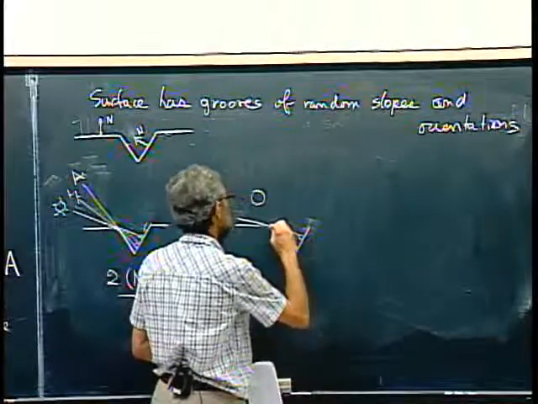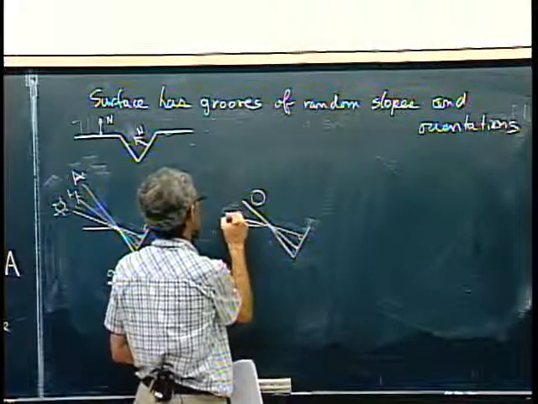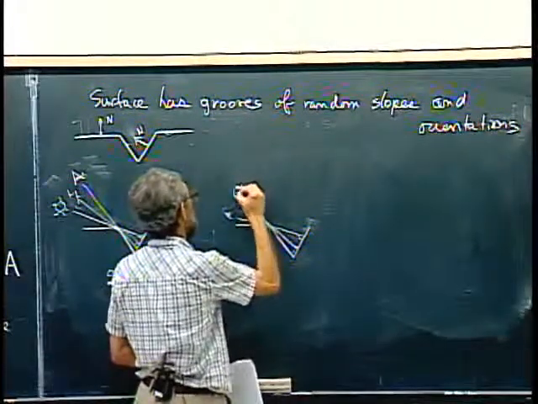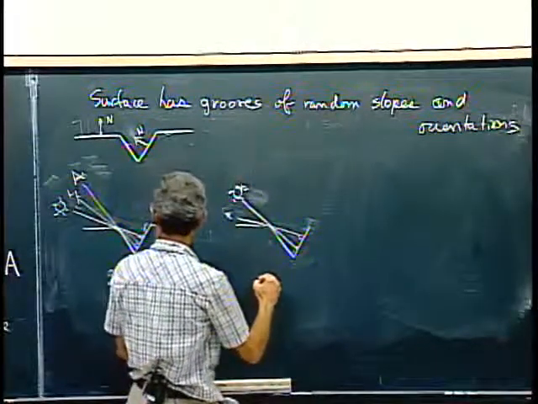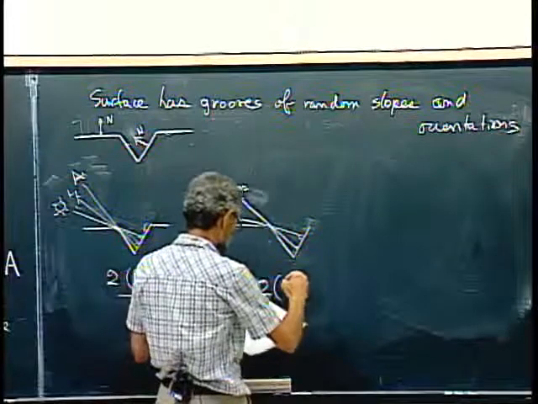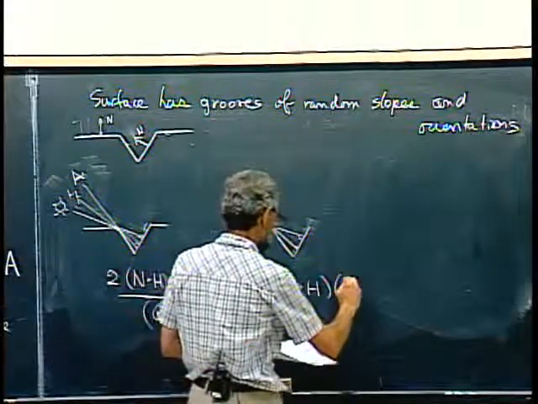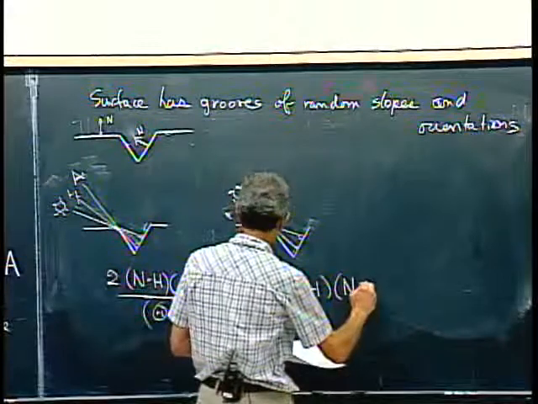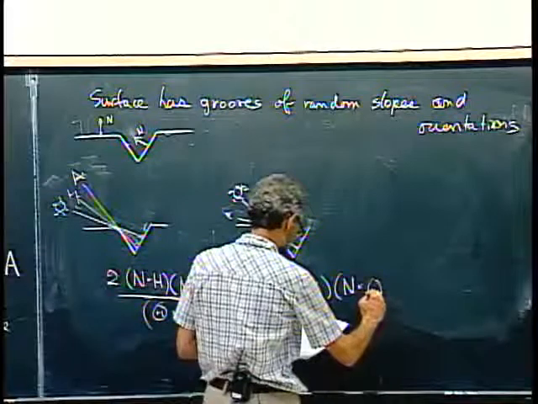So the eye is now lower, and the light source is now higher. It's going to be exactly the reverse formula. It's going to be 2 n dot h, but now in the numerator is going to be n dot theta instead of n dot psi.